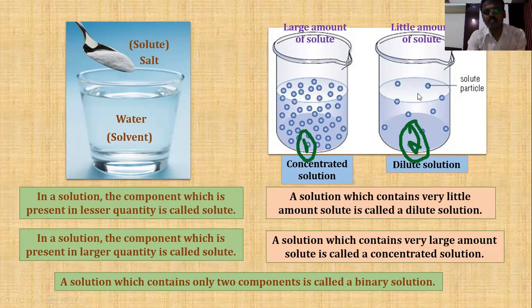The one with a little copper sulfate will be very light, with a low intensity of blue color. That's how we can say which is the dilute solution and which is the concentrated solution. Sometimes we look at the color of the solution to say which is more dilute or more concentrated. That is only a qualitative way of telling which contains more solute and which contains less.